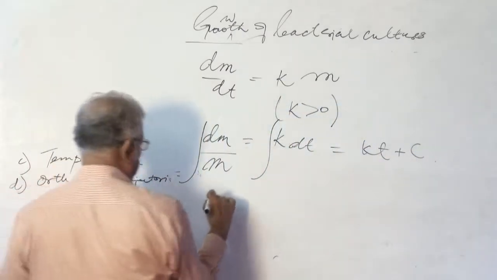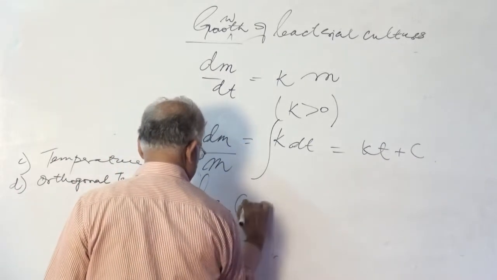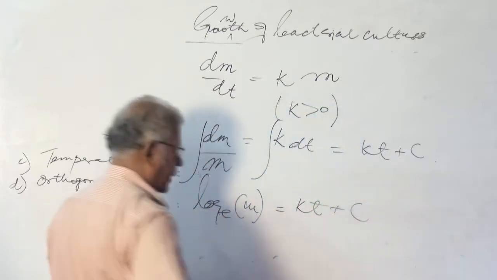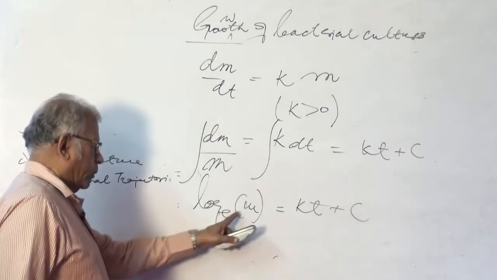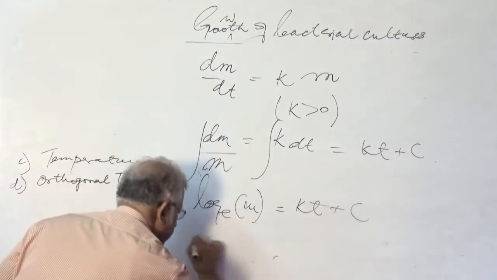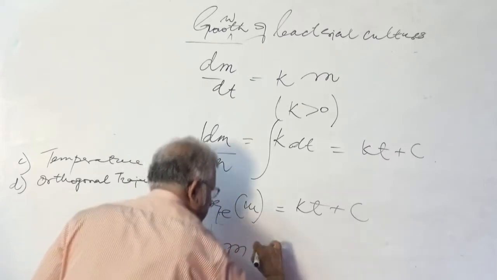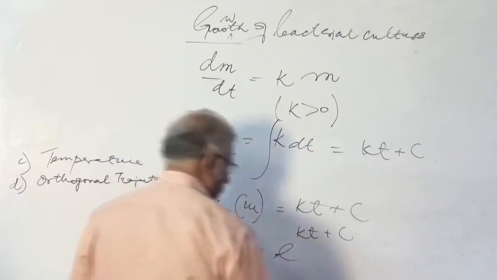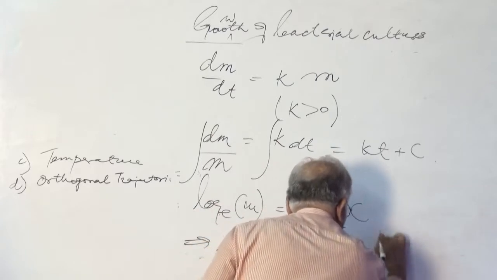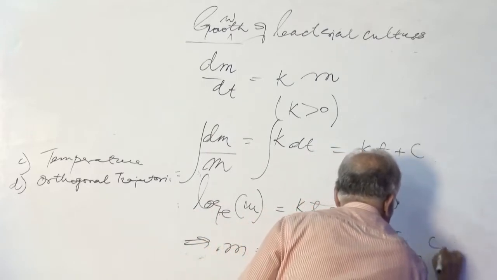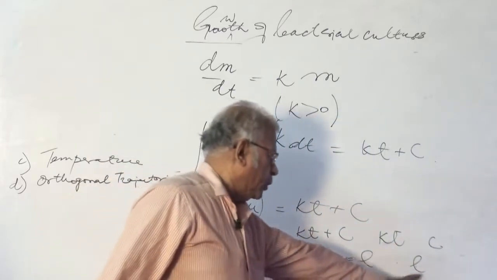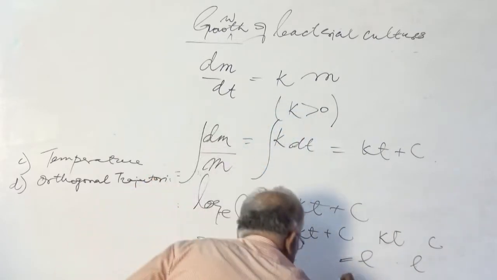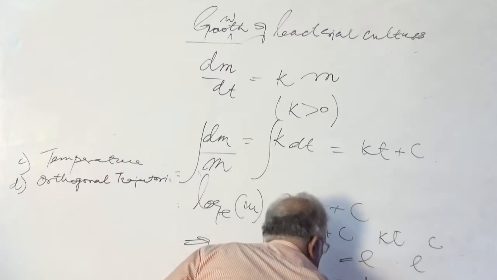Here we get, as before, log e m is kT plus C. In other words, m is equal to e to the power of kT plus C, which can be written as e to the power of kT into e to the power of C. And this e to the power of C can be replaced by a simple constant, say, A. So m is equal to A into e to the power of kT.